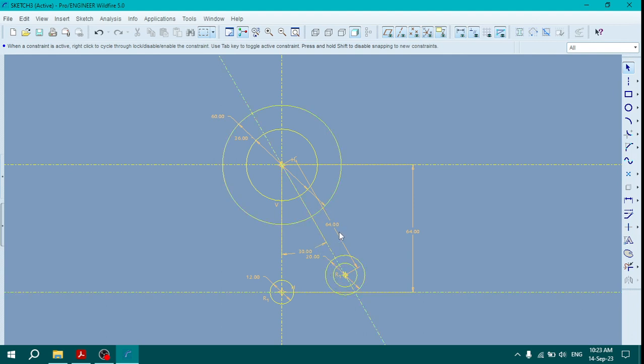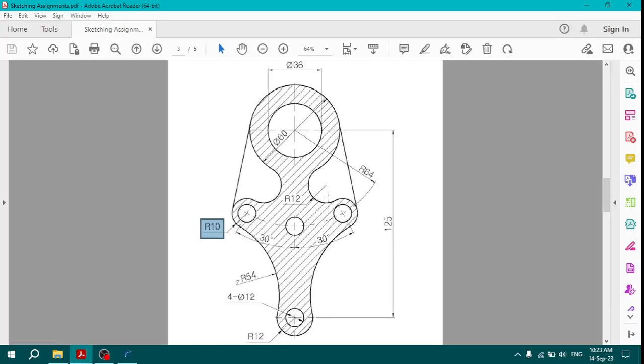So the distance is 64. That means this is 30, this is 10, this is 40, and then the remaining is 24. So we can draw a circle of diameter 24 or radius 12 here.